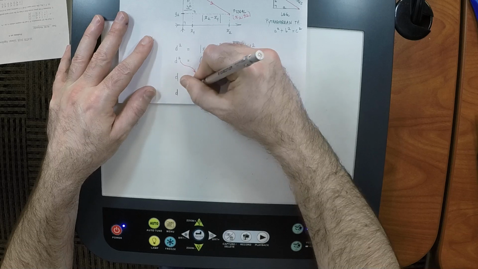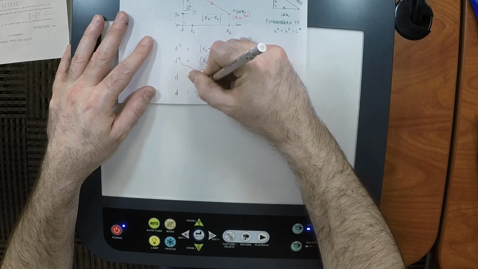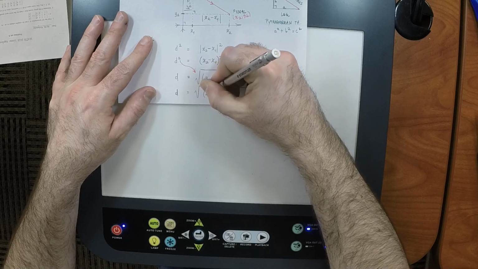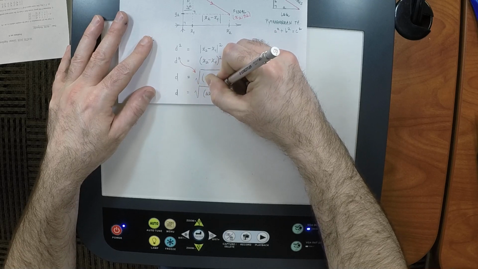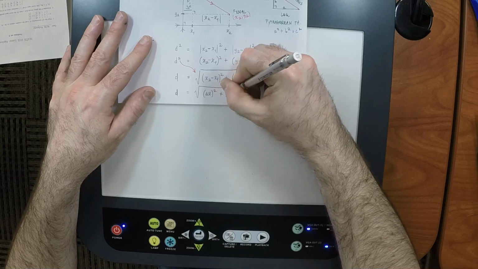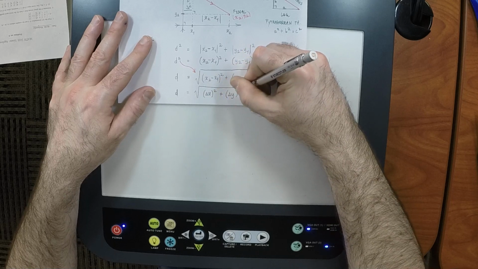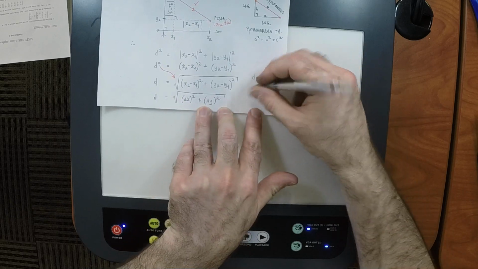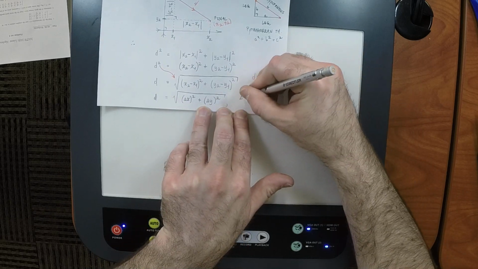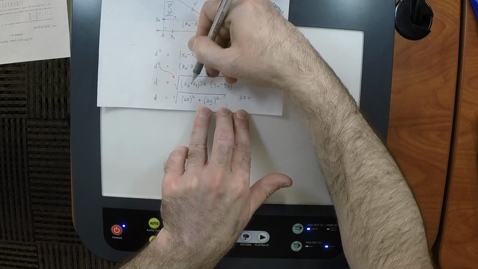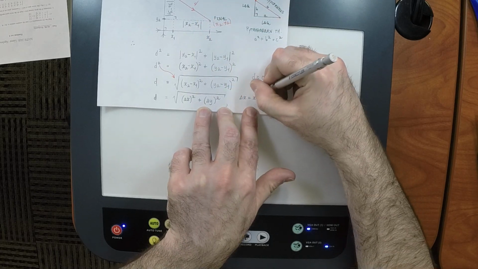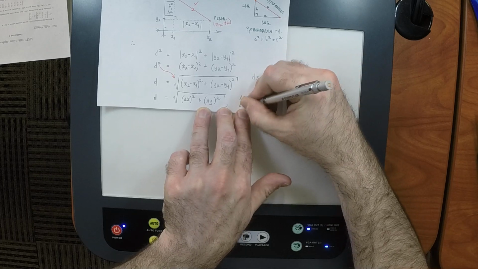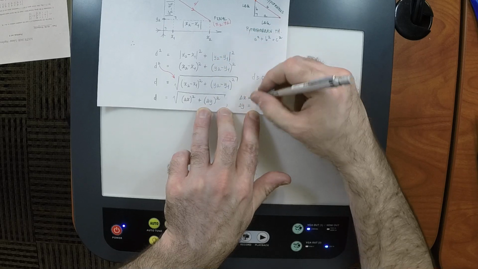We can say D is the square root of, and right here I'll write delta x squared, and then plus delta y squared, interpreting the drawing like this, that delta x is going to be x2 minus x1, and delta y is going to be y2 minus y1.